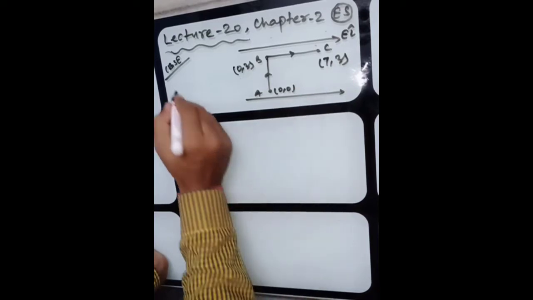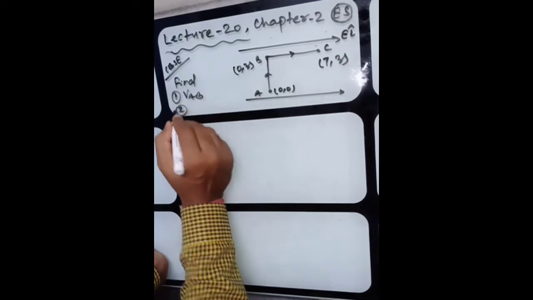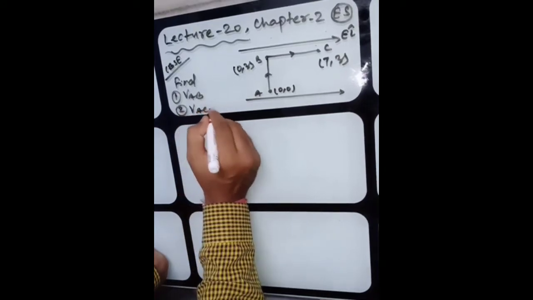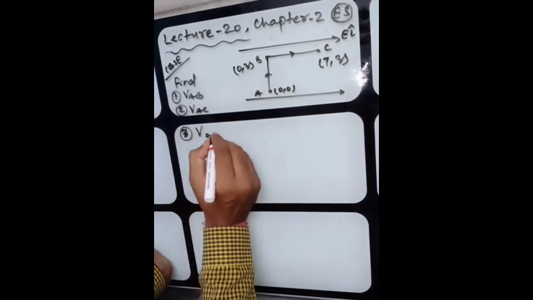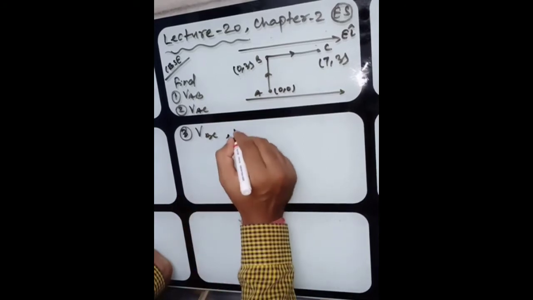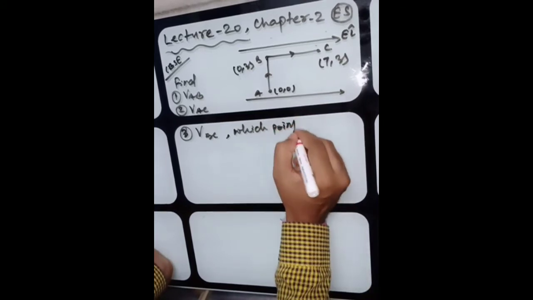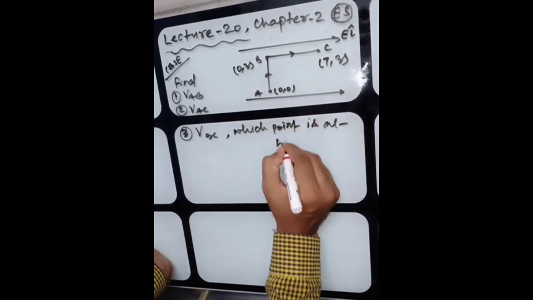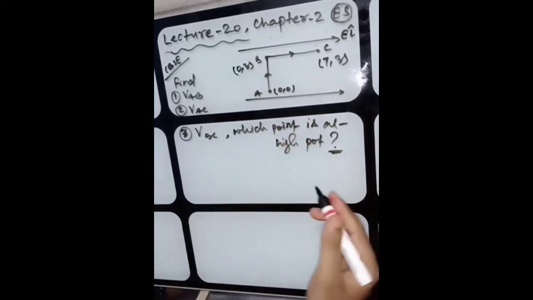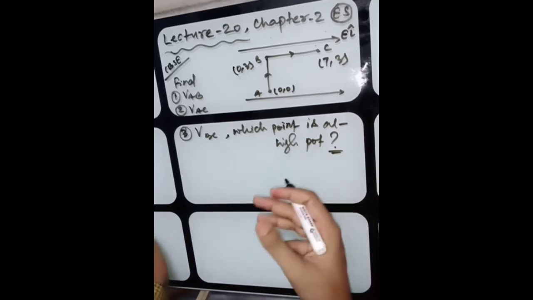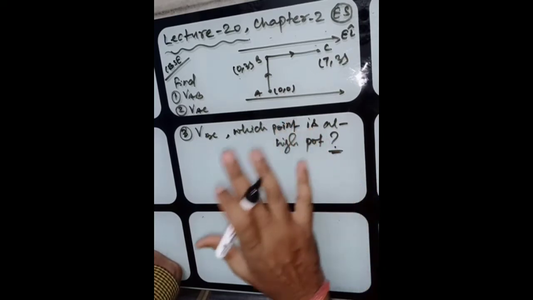You have to find first V_AB, second V_AC, third V_BC, and which point is at high potential. If you can solve it, try to solve it by yourself. Pause the video and try to solve this question.